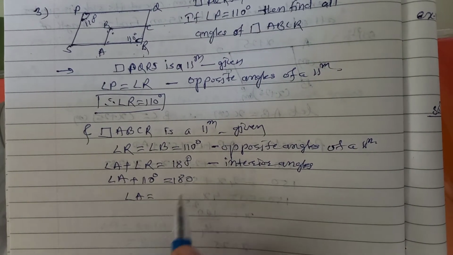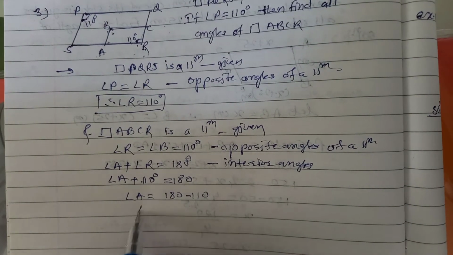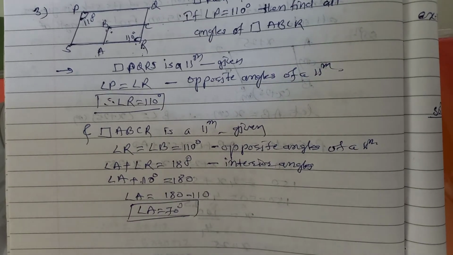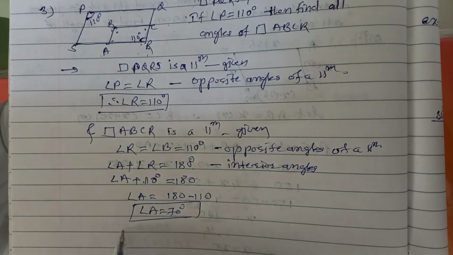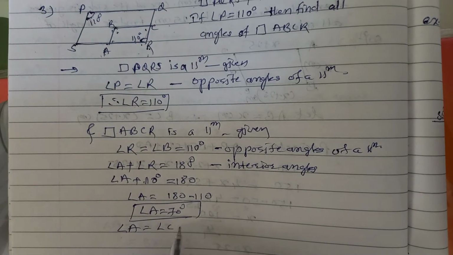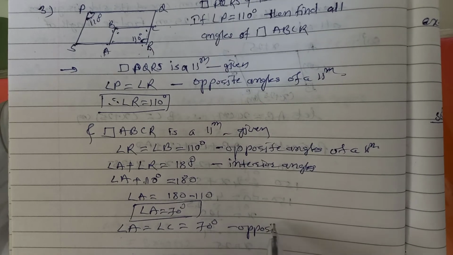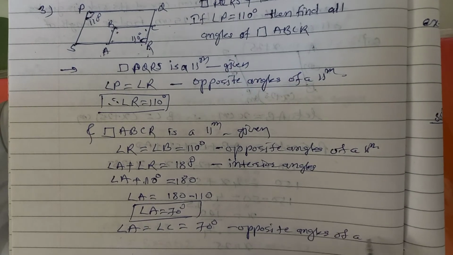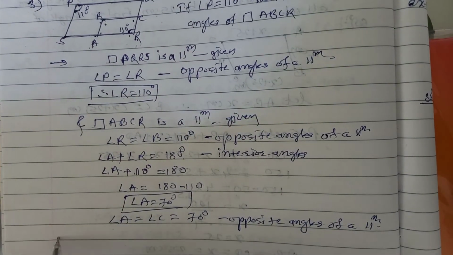So A is equal to 180, this one becomes minus. So A is 70 degrees. Okay. Then if A is 70, so what is C? Same, no? Opposite. So angle A is equal to angle C, also 70 degrees. Here the reason: opposite angles of a parallelogram.